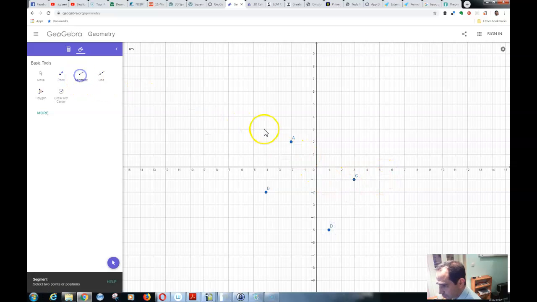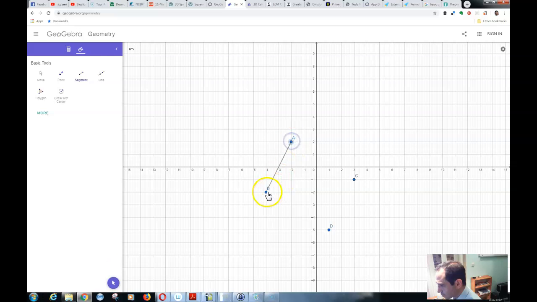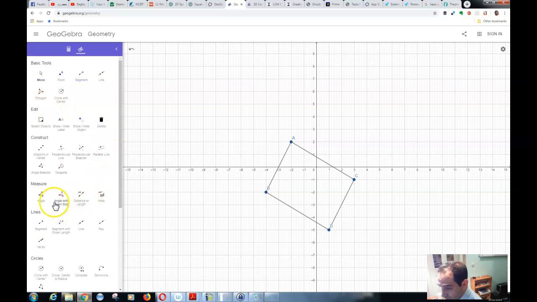And if I put this line segment over to these, now if you go over here and measure this angle here, it's 85.6 degrees.